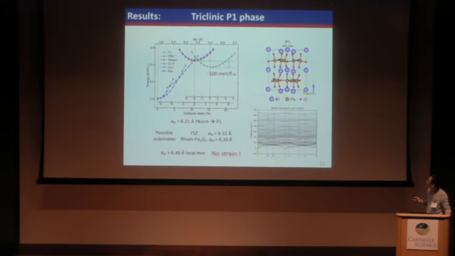Again, I should stress that the local minimum is out of those curves. So if, again, this phase can be stabilized, there should be no strain here. The phase looks like this. It looks pretty much the same as the hexagonal phase, and it is dynamically stable.